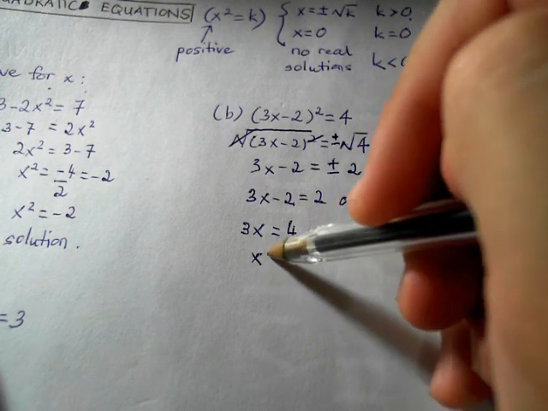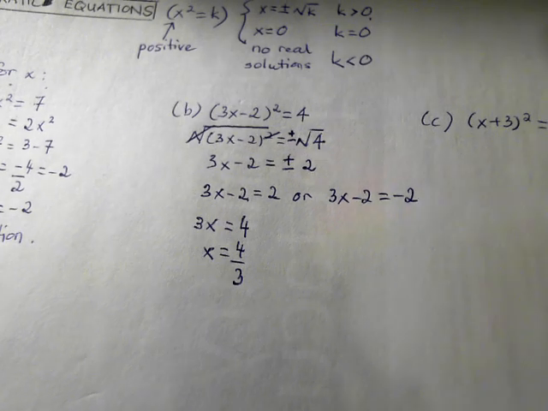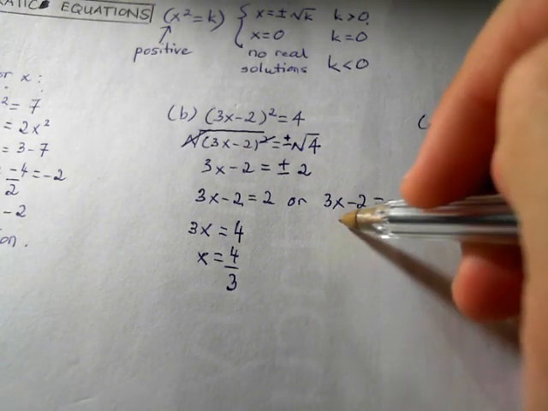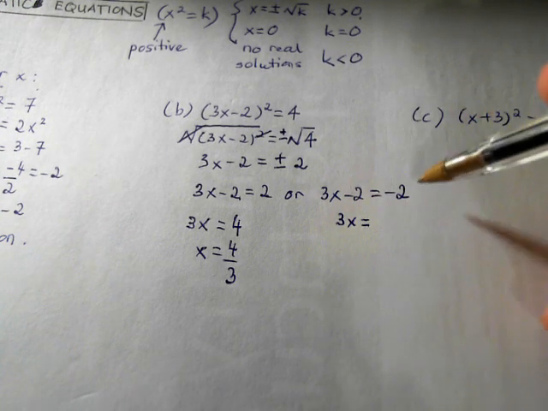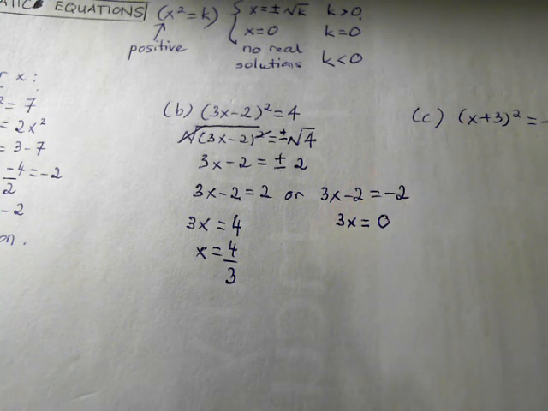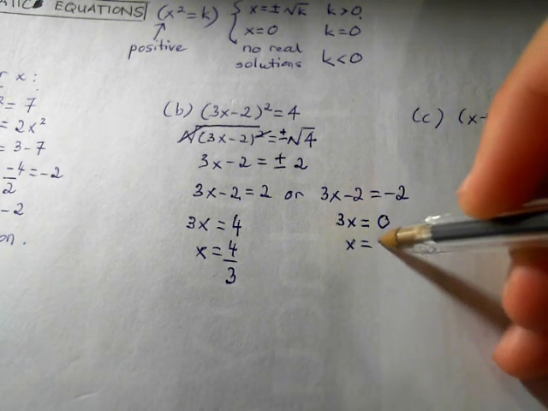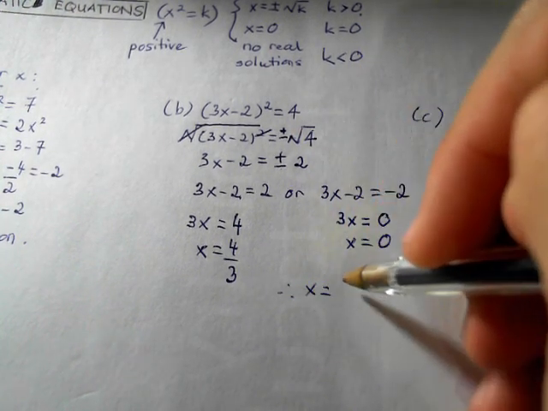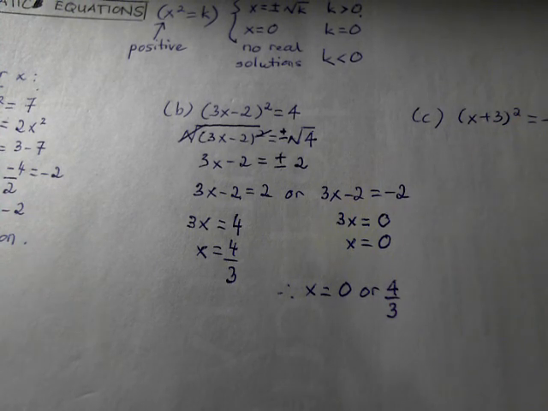And x here would be 4 over 3. For the other one, we have 3x minus 2 equals minus 2. We bring the minus 2 to the right hand side, it becomes plus 2, and it becomes 0 when you add it to minus 2, therefore x will give you a value of 0. So x can take a value of 0 or 4 over 3.